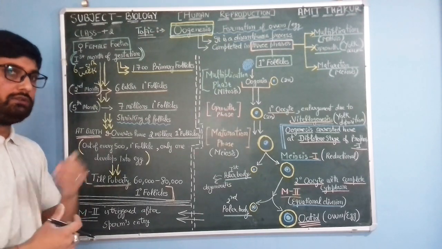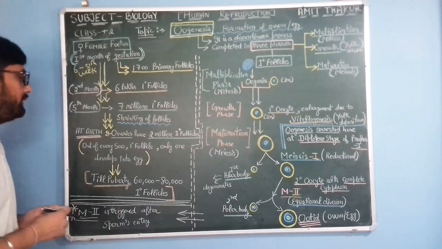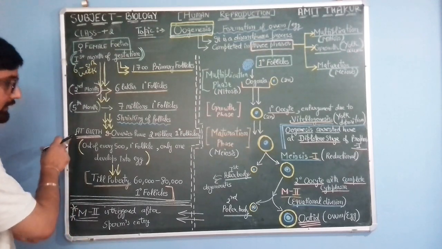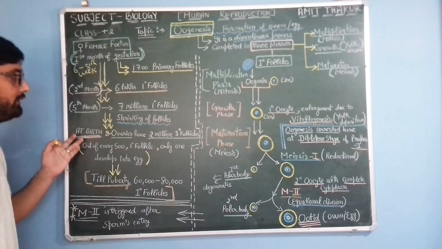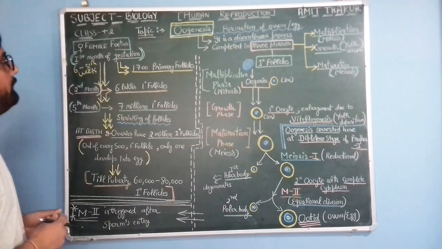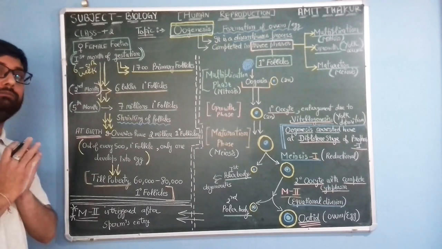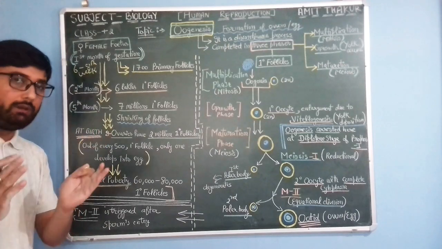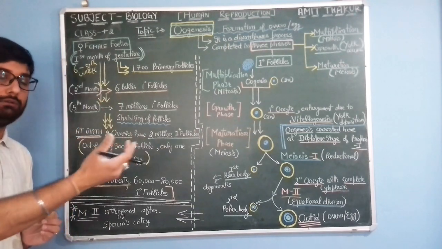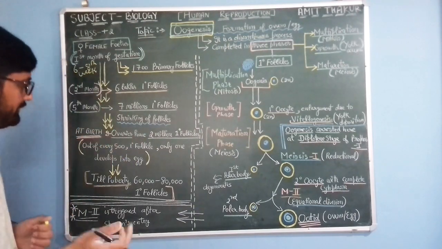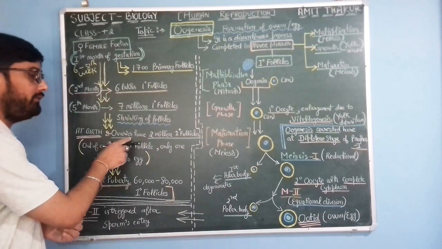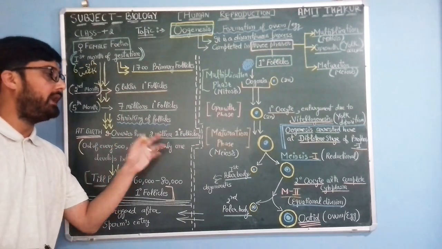Due to the degeneration of primary follicles, at the time of birth, the ovaries of the female fetus have 2 million primary follicles.